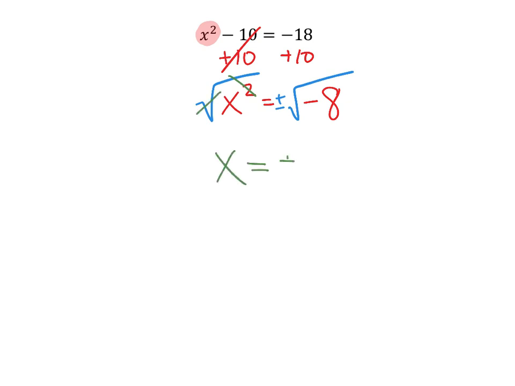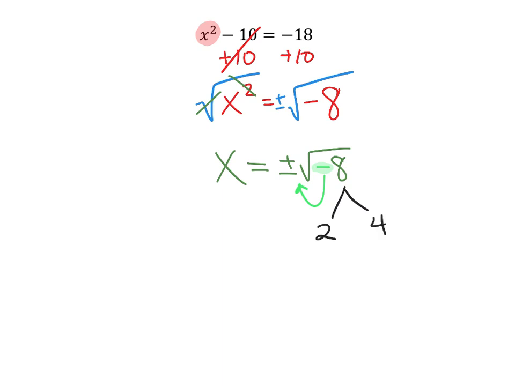And then I have plus or minus the square root of negative 8. Well, we need to reduce that radical because I notice that that radical has a negative in it. And thinking back to what we did at the very beginning of class, what does the negative pop out as? An i. So it's going to go right here, right in front of it. But we need to break down the number 8. How can I break down the number 8? 2 and 4.